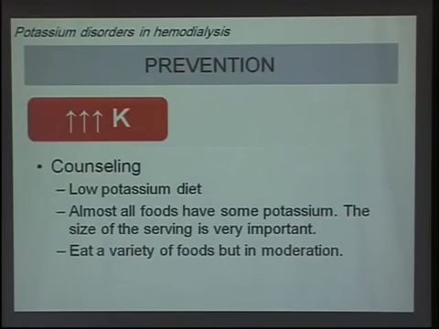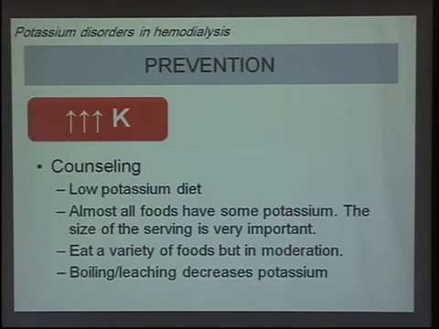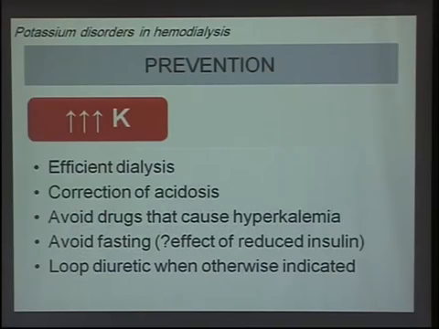Eat a variety of foods, but in moderation, and green vegetables should be cooked. Boiling and leaching decreases potassium. Efficient dialysis is very important. Correction of other causes that might lead to hyperkalemia, like acidosis, drugs. And if loop diuretic is indicated, this might help to prevent hyperkalemia.